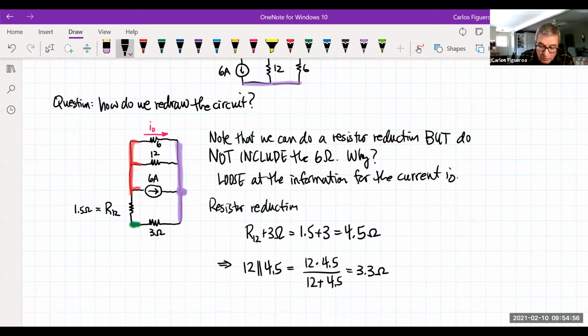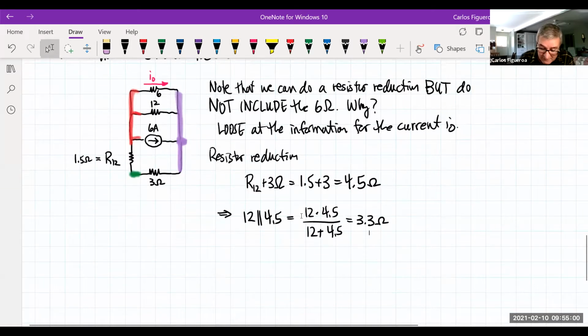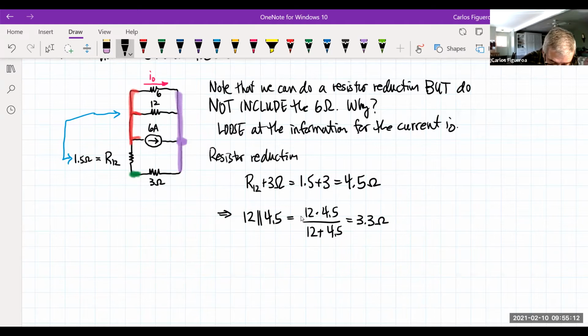So now if I redraw my circuit, what am I seeing here? I'm going to combine this guy with these guys right there. So now I do a redraw. And so I have my current source.